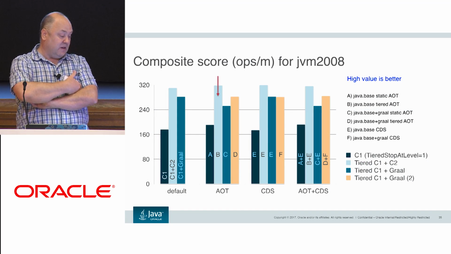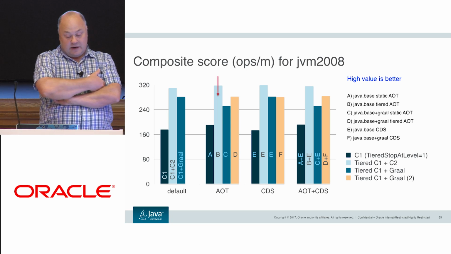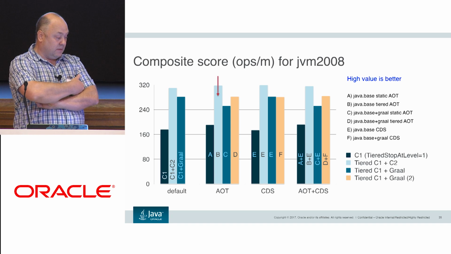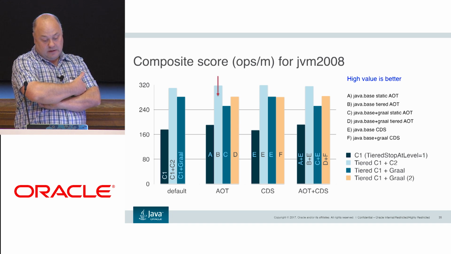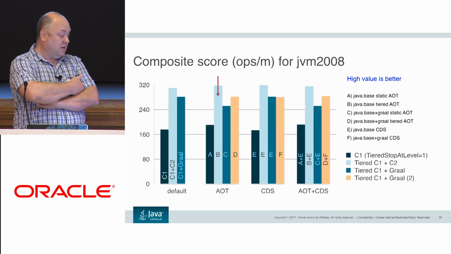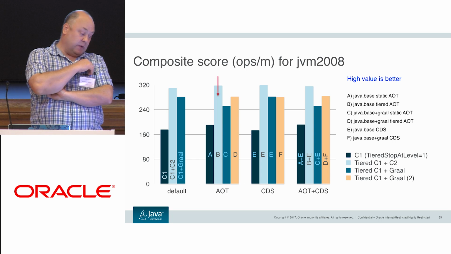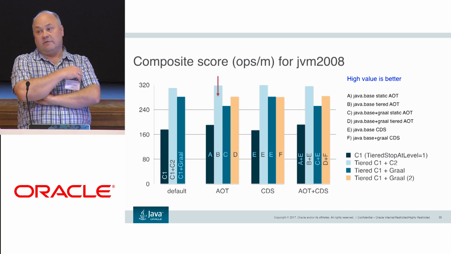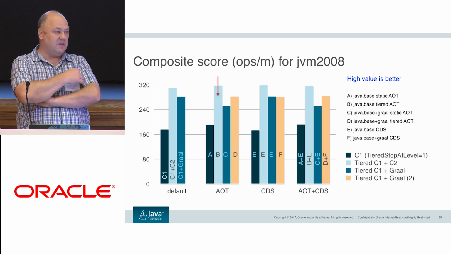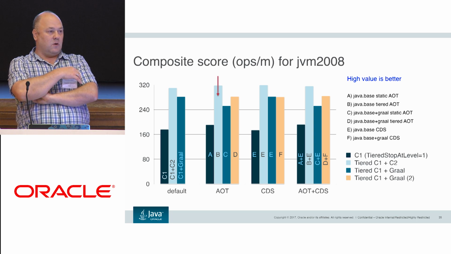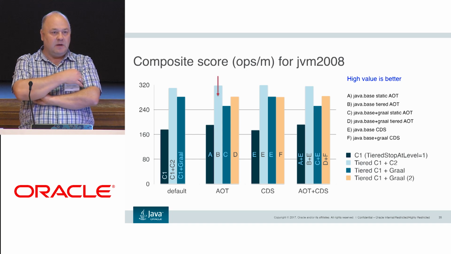On these slides, a higher value is better. The main point here is that AOT, which is pointed to by the arrow, tiered AOT in the default case C1 plus C2, helps to reach the same peak performance as the default case. So in previous slides, you saw that AOT helps faster startup.